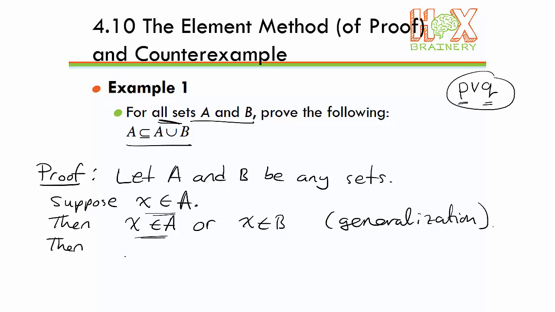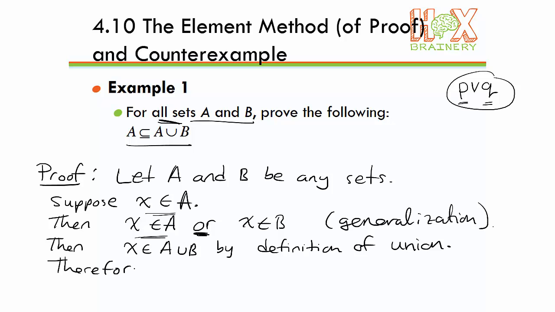Then x is an element of A union B, because we're rewriting or as the union. We'll say by definition of union. Therefore, we need a concluding sentence now.